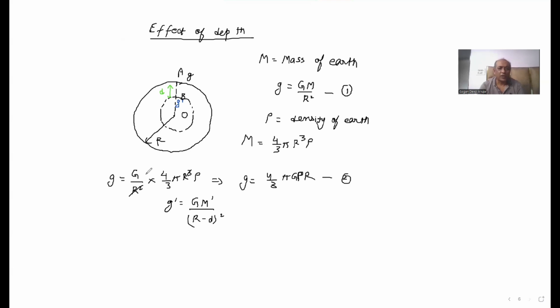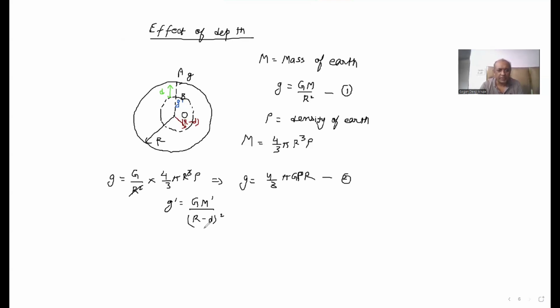Because when the body goes to point B, you can assume that it is outside a sphere whose radius can be taken as R minus d. And this sphere is applying the gravitational pull on this object. That's why M dash is taken as the mass of this sphere of radius R minus d.